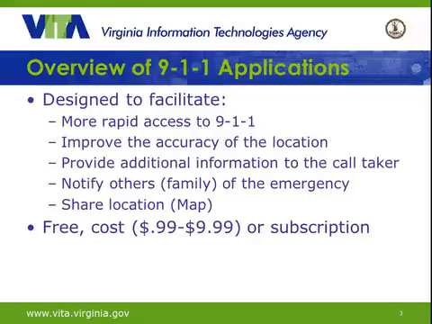So there's a multitude of different ones out there, but they all tend to do these different features or try to facilitate improvements on 911 beyond just the basic voice call and phase 2 location that we get today.